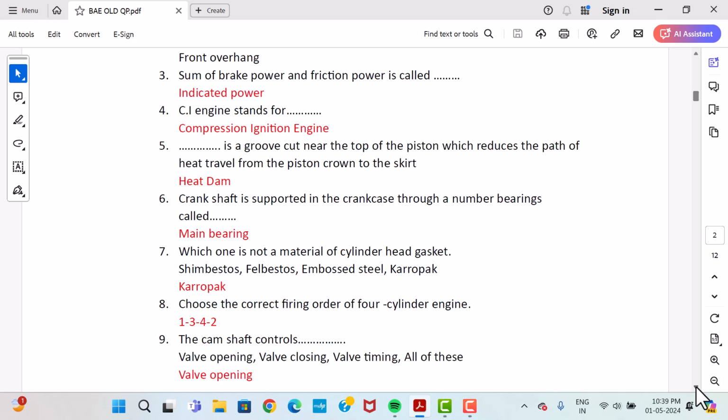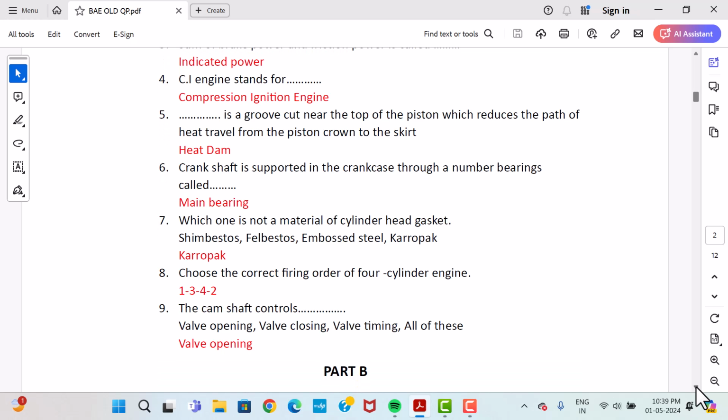Seventh question. Which one is not a material of cylinder head gasket? Shim asbestos, felt asbestos, embossed steel, carapac. Carapac is not a gasket material for an IC engine cylinder. Choose the correct firing order of a four-cylinder engine.